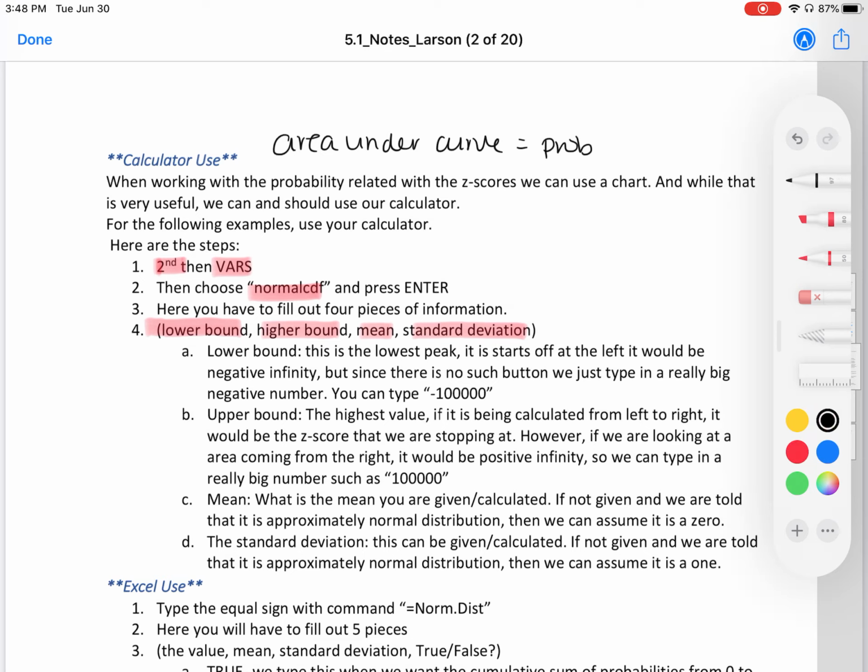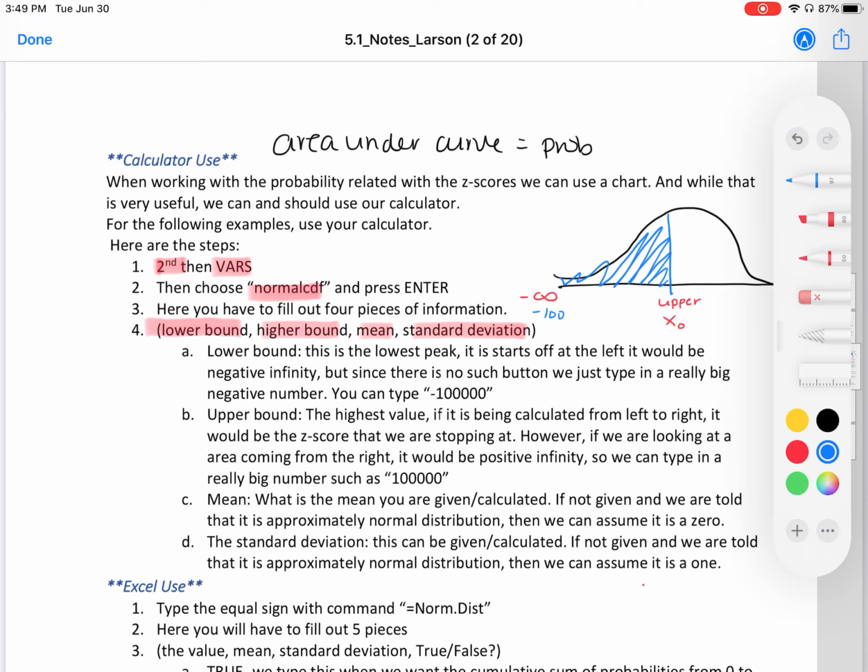What I mean by that is when you have a curve, you're going to be asked for a value to work within. Say you're looking for this shaded region. Your lower bound would be negative infinity because it goes on forever, and your upper bound would be the number you want to stop at, say x. We don't have a negative infinity button, so we can just put a really big negative number.